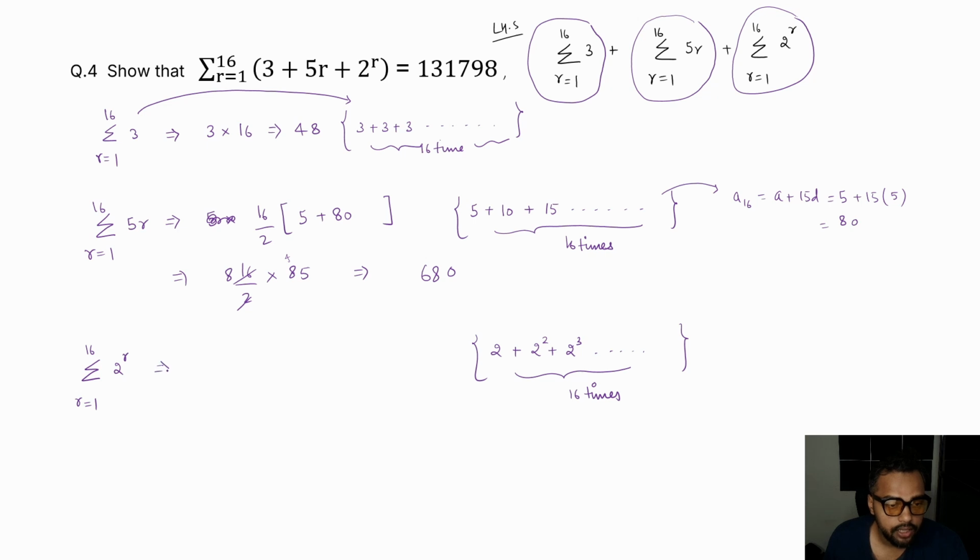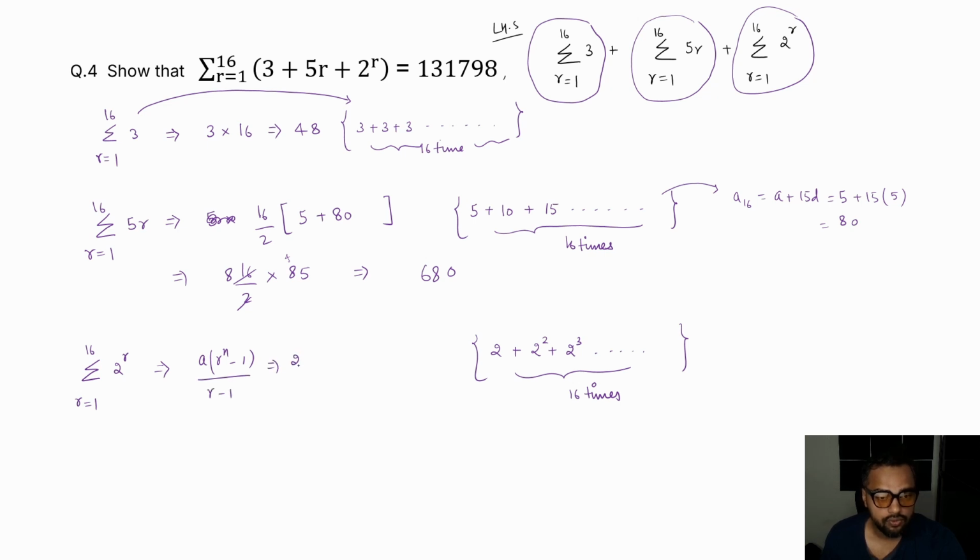So we will apply the concept of sum of a geometric progression, because it is a geometric progression where the first term is 2, the common ratio is 2, and n is mentioned as 16. We have derived that formula: a times (r raised to the power n minus 1) upon (r minus 1).